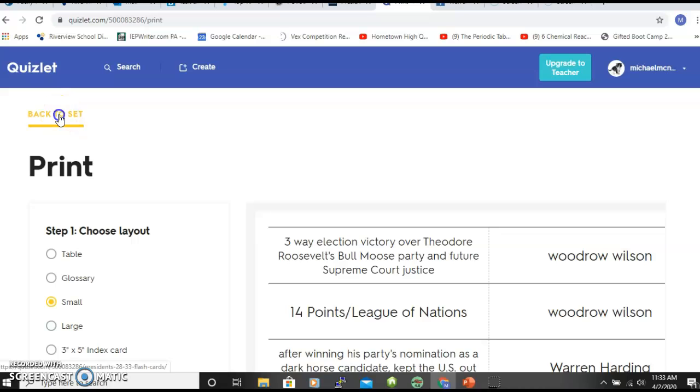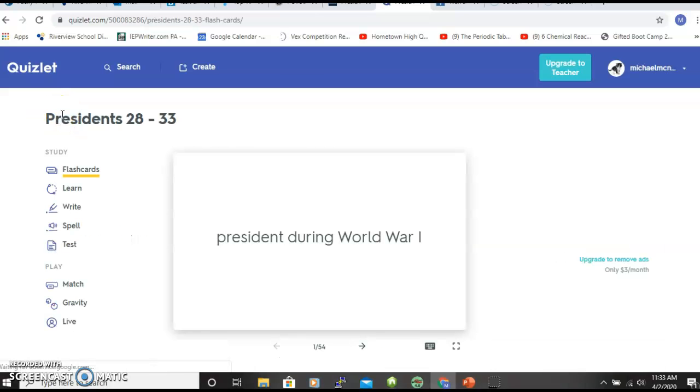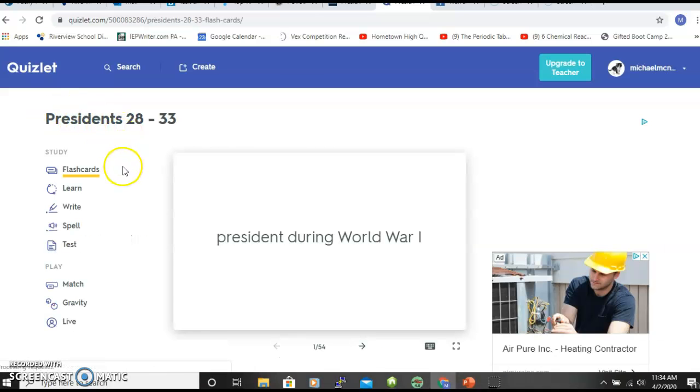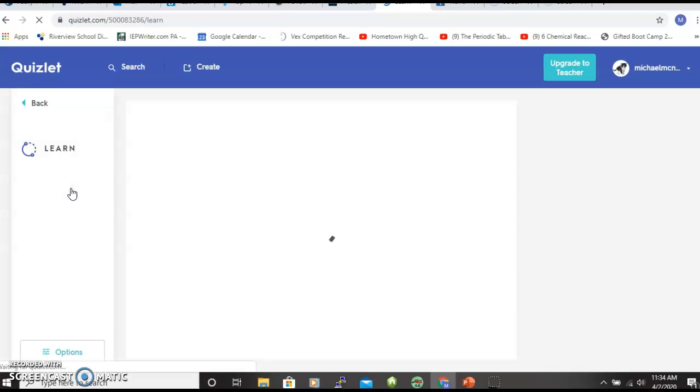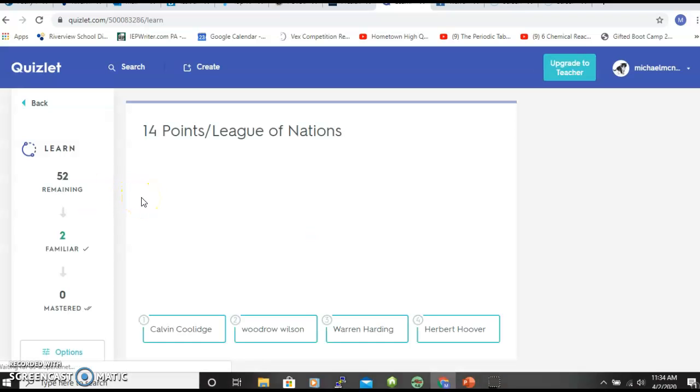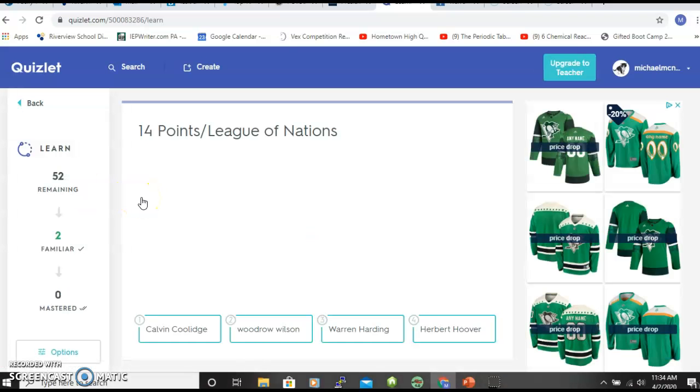So now we're going to go back to the set and look at step two, which is the learn function. Over here we see learn. The learn function presents you with multiple choice questions. It uses the clues and sets up the answers in a multiple choice fashion.